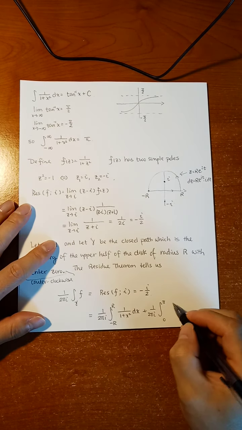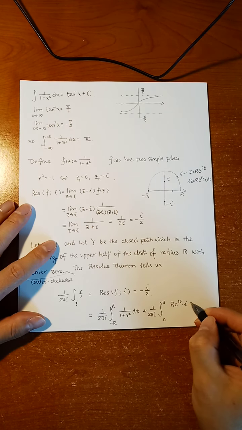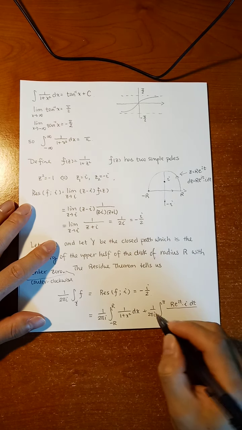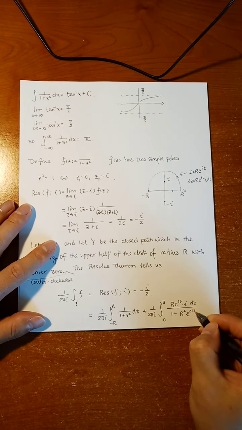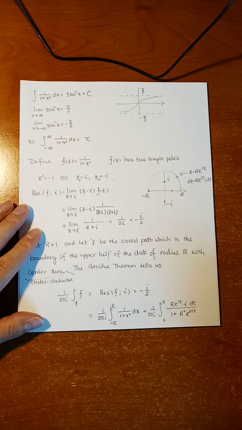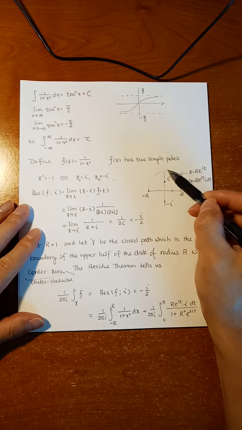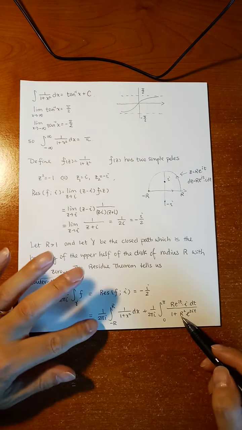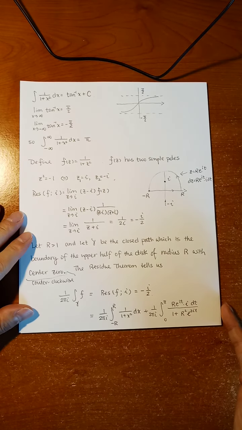The denominator is 1 plus r squared e to the 2it. So you have the integral along the x-axis and the integral along the semicircle. You have two parts. Okay, so let's continue.